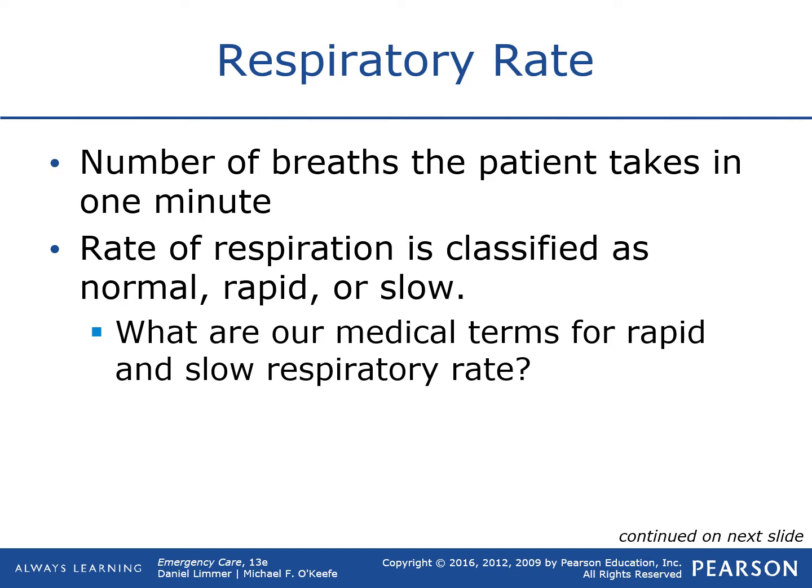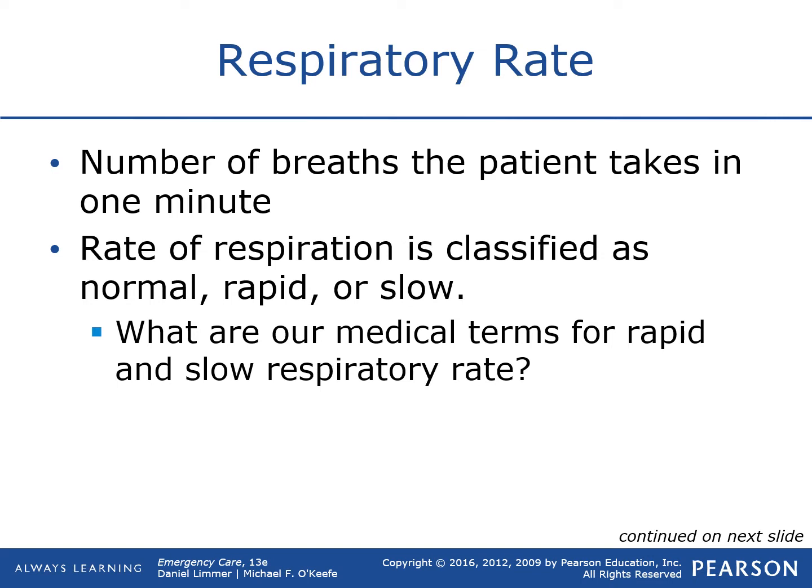Your respiratory rate, just like your heart rate, is the number of breaths that you take in 1 minute. The rate we can sometimes classify as normal, rapid, or slow. And if you think back to our medical terminology, we have actual medical terms for rapid or slow breathing. One of the most common ones you're going to see is the one for rapid breathing. The prefix for fast or rapid is tachy, and the root word for breathing is pnea.